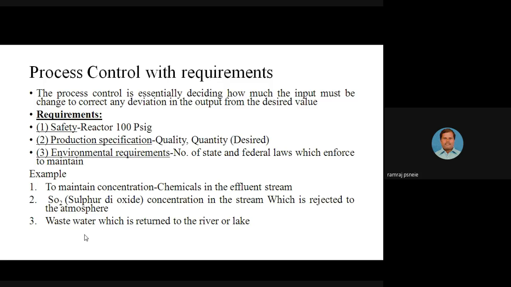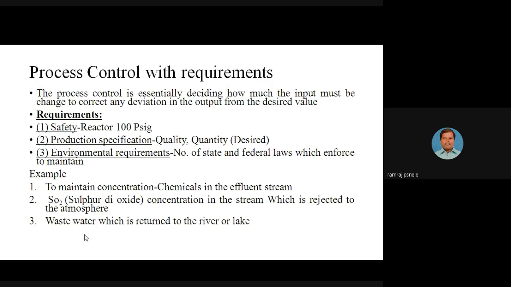What are the requirements for process control? First, the primary requirement of process control is safety. Safety is very essential. Safety is concerned with human safety, environmental safety, and instrument safety.